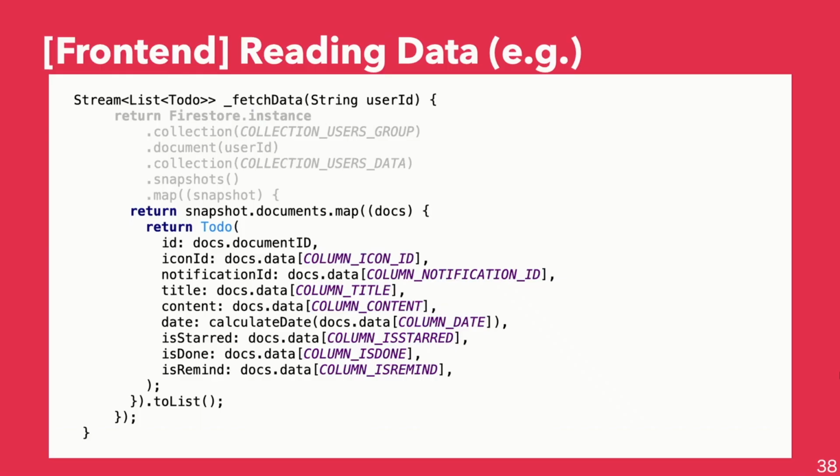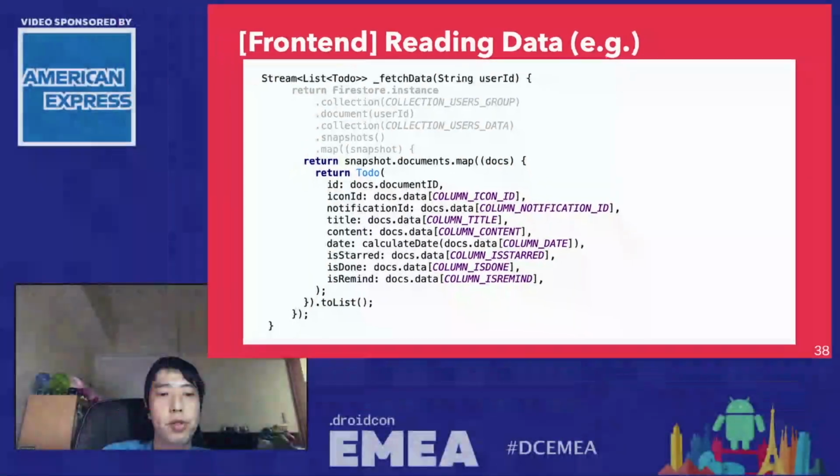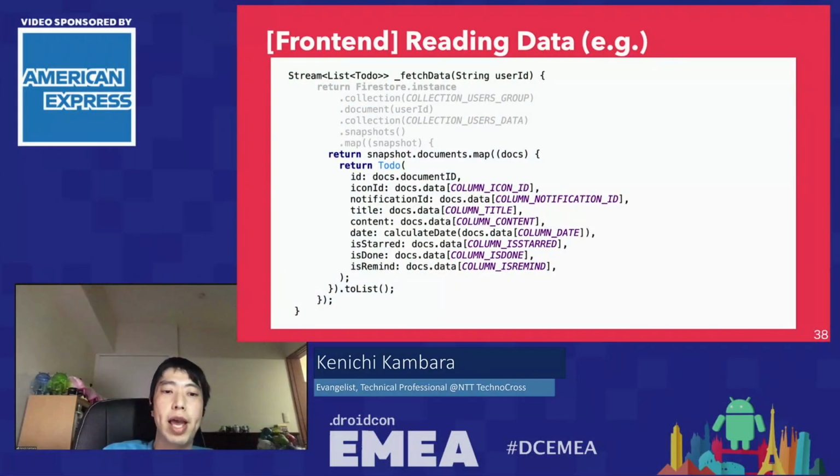Snapshot means data of file store. Also, to-do is a class I defined in my app. And I set some data for this to-do class instance. Finally, we can get to-do data as a list of to-do.